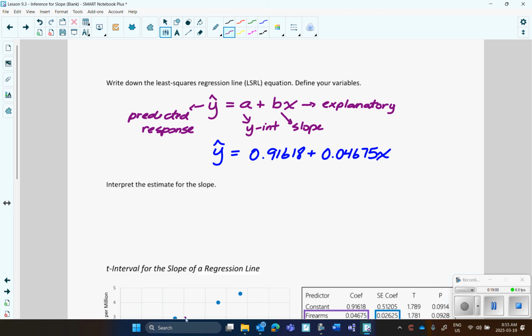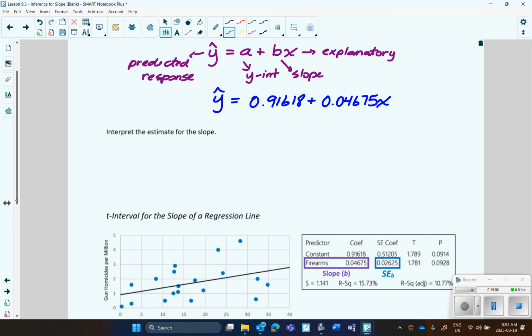And remember, when we had least squares regression equations, you were asked to interpret the values. What does the slope mean in the context of the question? It tells you the amount of increase or decrease of the predicted y for every 1 unit of the x.